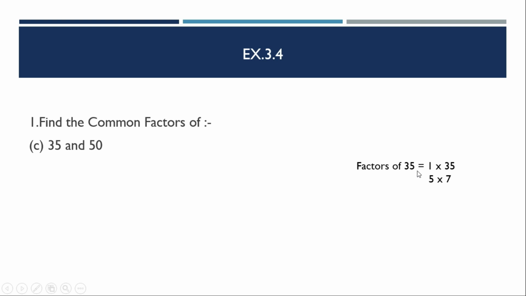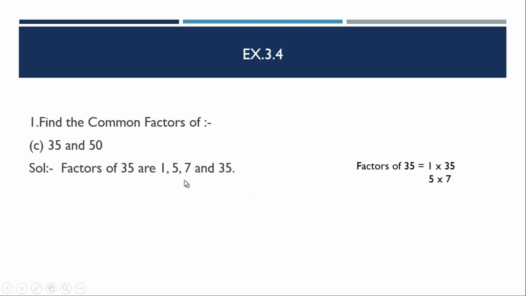Any even number multiple will never give you 35. 4 also will not come. 3 is not there. So next is 5 only. You can write the factors in ascending order. If you always write in ascending order, you won't miss any number. So factors of 35 are 1, 5, 7 and 35.